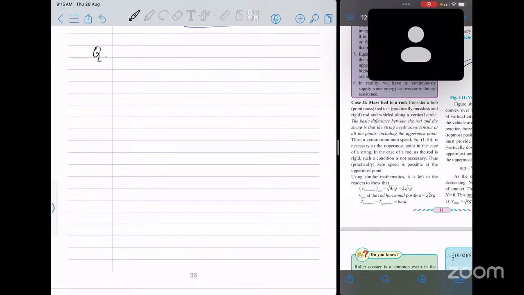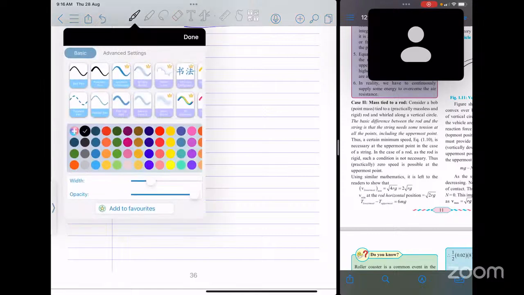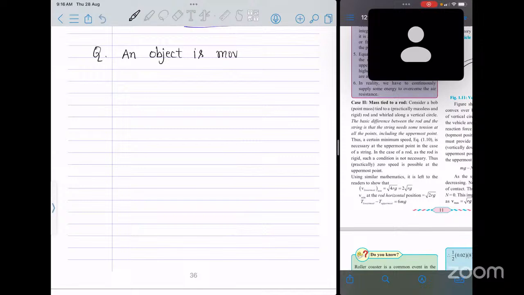Question is, an object is moving or an object is in vertical circular motion with radius, let's say radius is 10 meter.